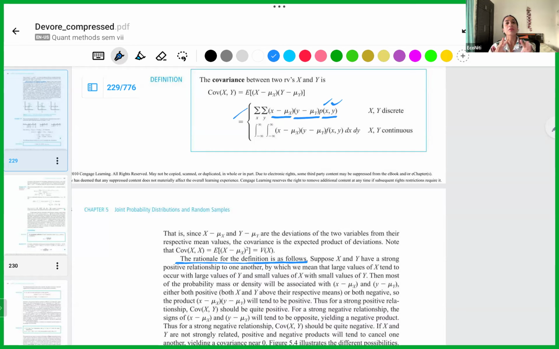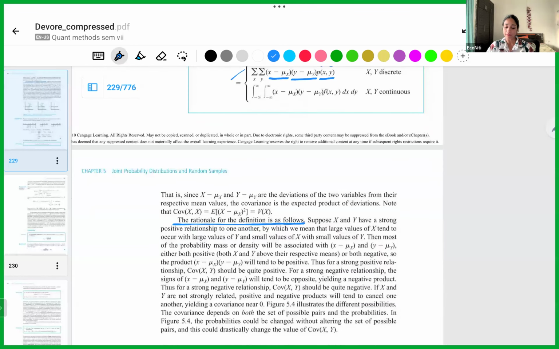Now, if the spread around the mean of x shows a pattern of behavior related to the way y behaves around its mean. Suppose whenever y is above its mean, x is also above its mean, and whenever y is below its mean, x is also below its mean. So this is a positive pattern: here it is more, so here also it is more, movement around the mean, right? Here it is less, so here also it is less. This is what we are trying to capture in covariance. So this is what it says there.